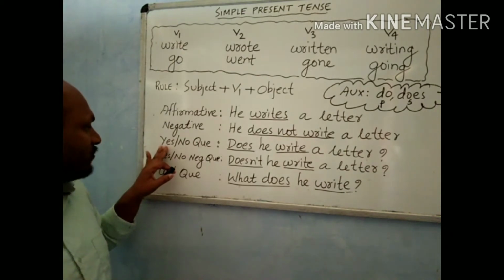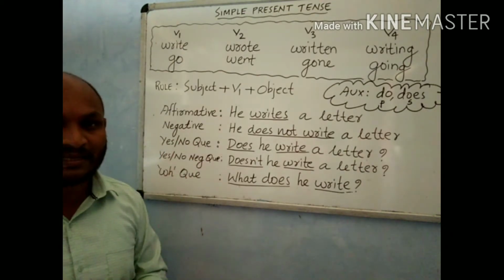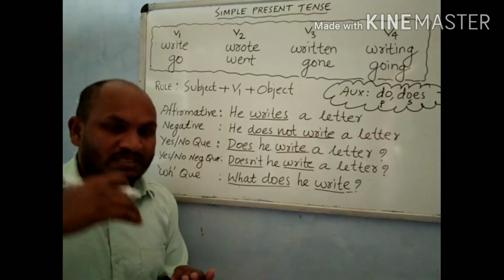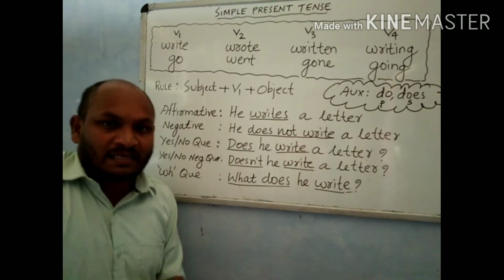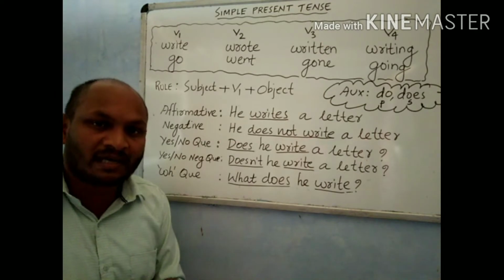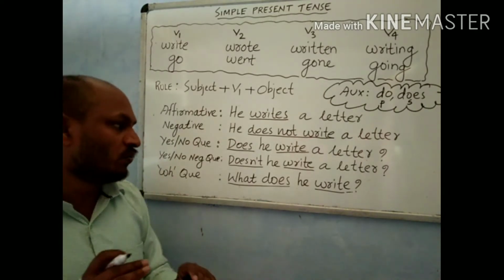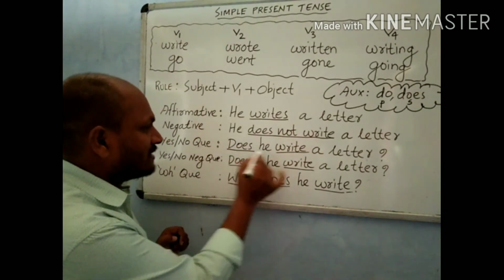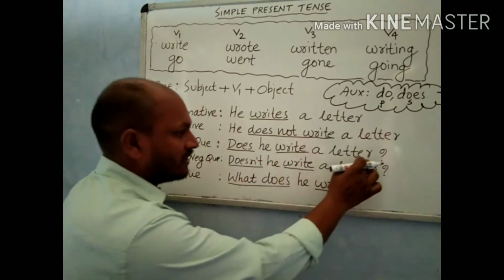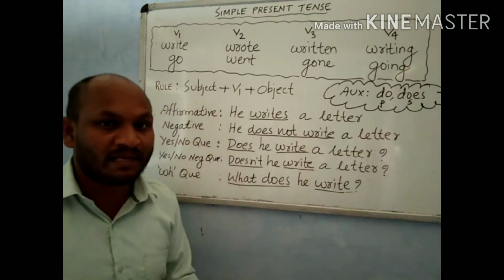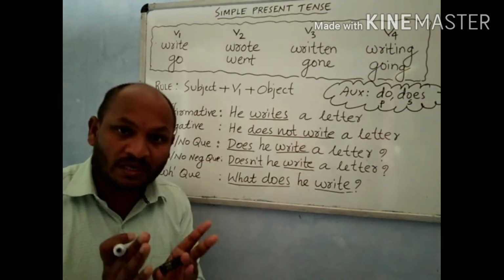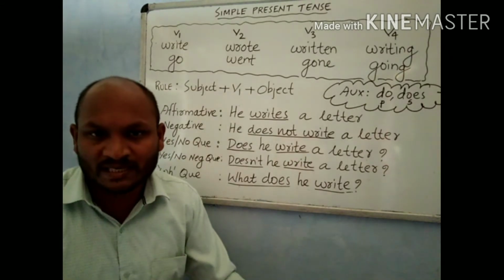And now we shall see how to make a yes or no question. A yes or no question means a question that gives an answer starting with either yes or no. We shall see, does he write a letter? This is a question. The answer should be either yes, he writes a letter, or no, he does not write a letter.